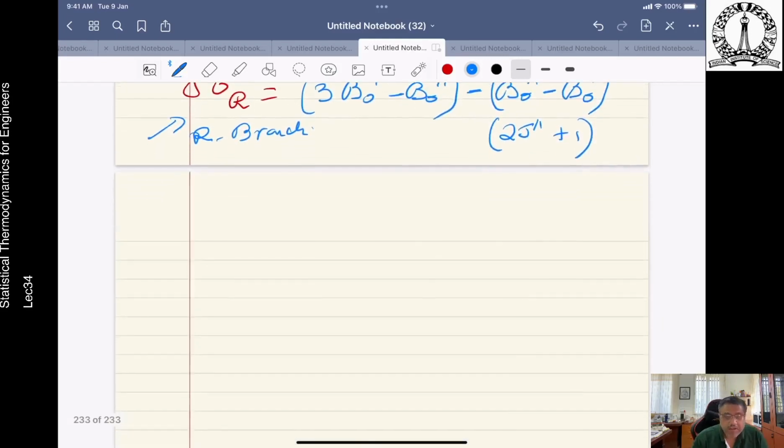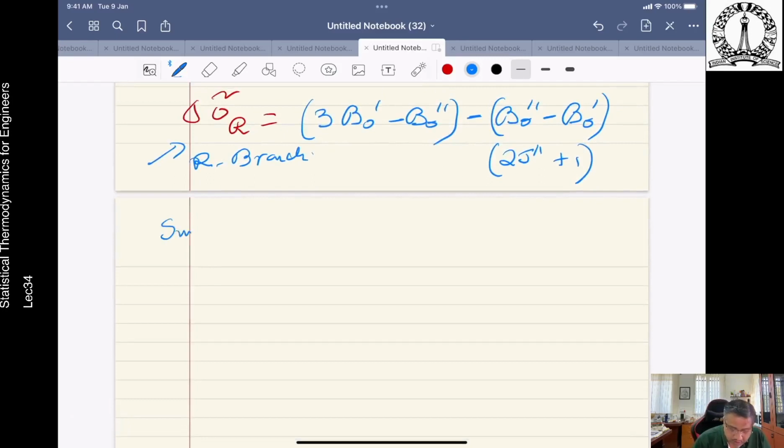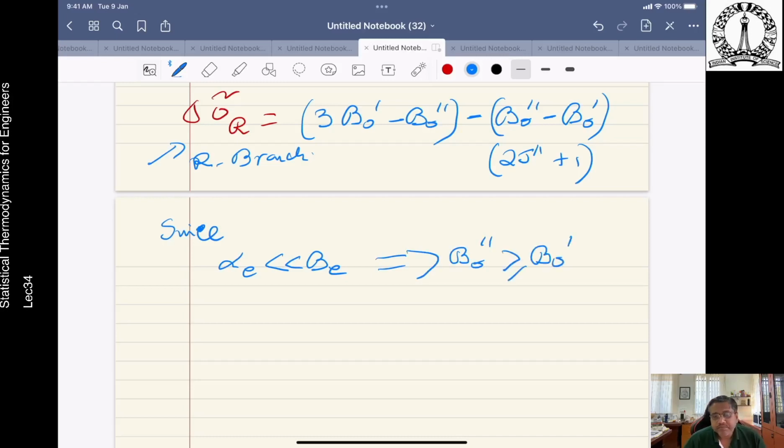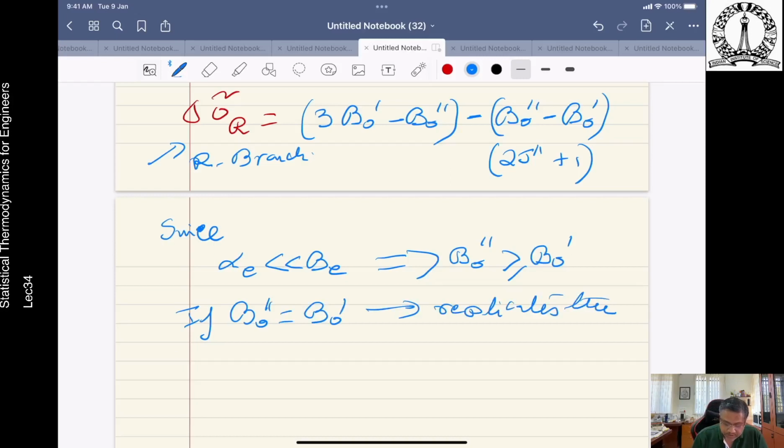Now, since alpha_e is much less than B_e, we can conclude, we can show, that B_V double prime is greater than or equal to B_V prime. If B_V double prime is equal to B_V prime, this basically replicates the simplex model.